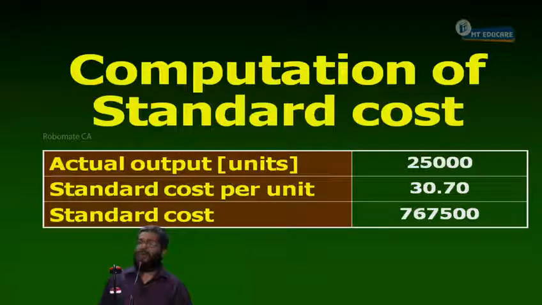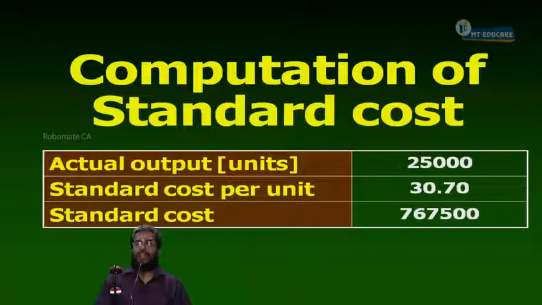Variable overheads 1,50,000. Fixed overheads 2,25,000. Total is 7,67,500.